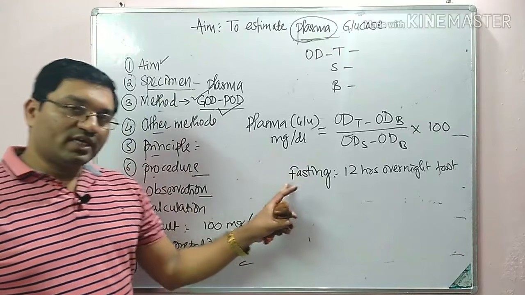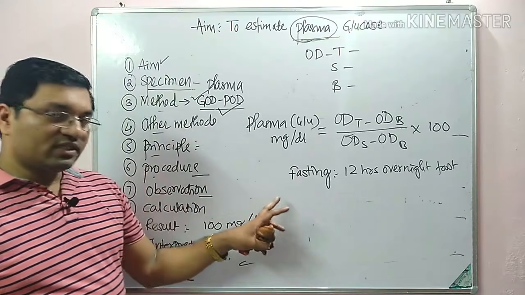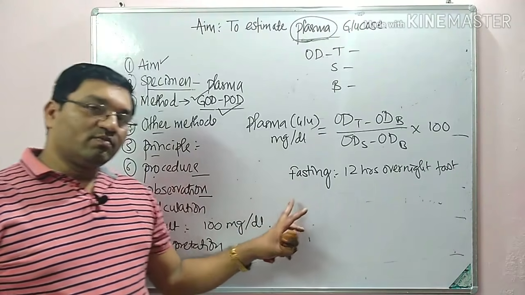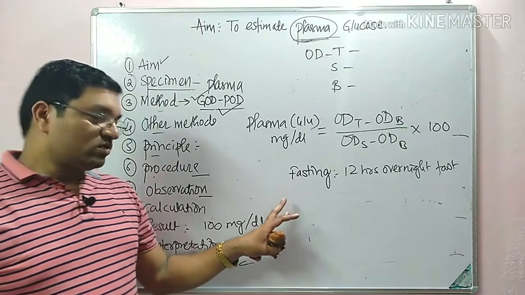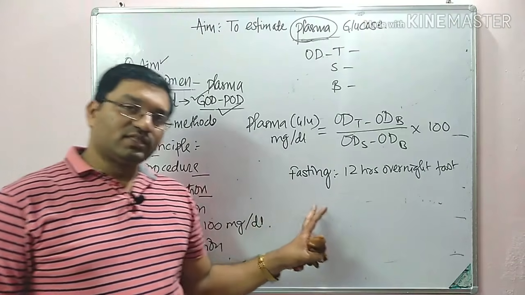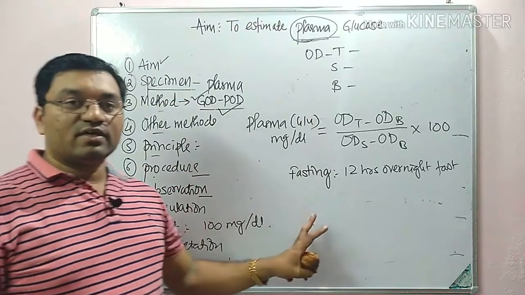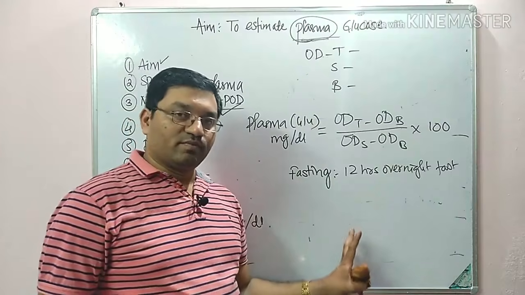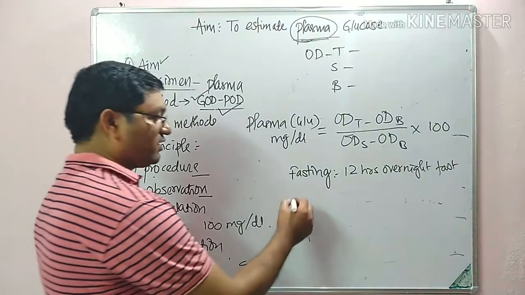Patient is asked to take dinner at 8 p.m. in the night. Then nothing is allowed. In the morning, ask the patient to come before taking any beverages, tea, coffee; only water is allowed. And the sample is taken at 8 a.m. in the morning. That is known as fasting sample after 12 hours of overnight fast.